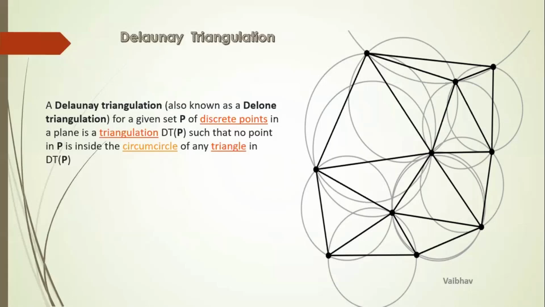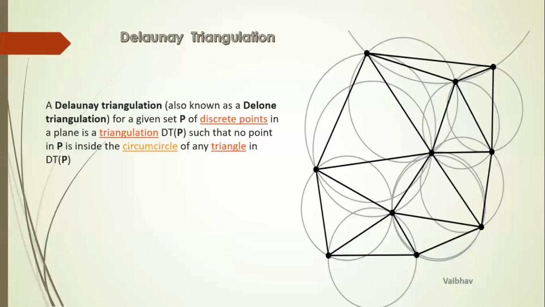So this is a very basic definition of Delaunay triangulation: for a given set P of discrete points in a plane, no point in P is inside the circumcircle of any triangle in the plane.